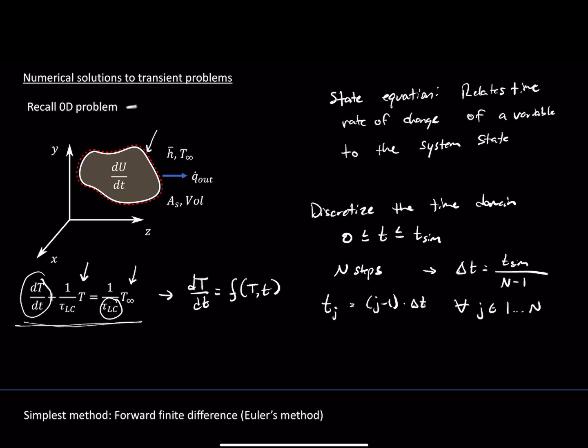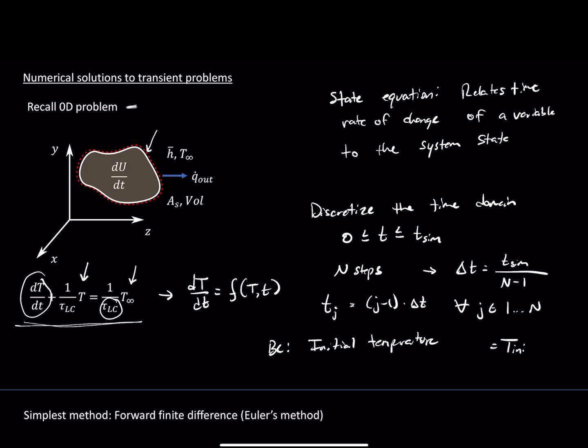In this differential equation, we have one derivative. It's a first order differential equation, so we only actually need one boundary condition to solve it. The boundary condition for us is going to be the initial temperature. For this problem, let's say that initial temperature is T initial.